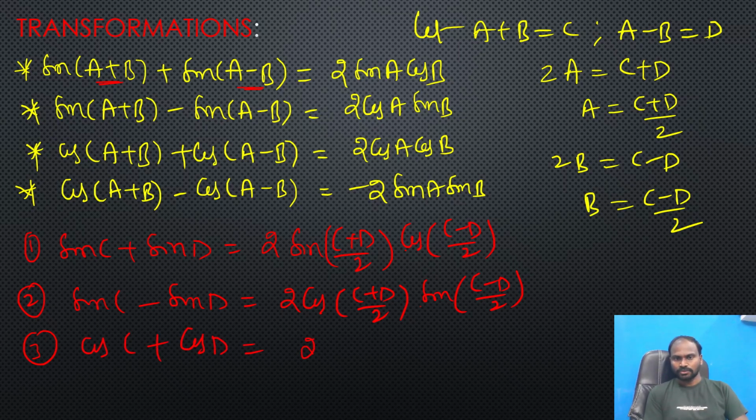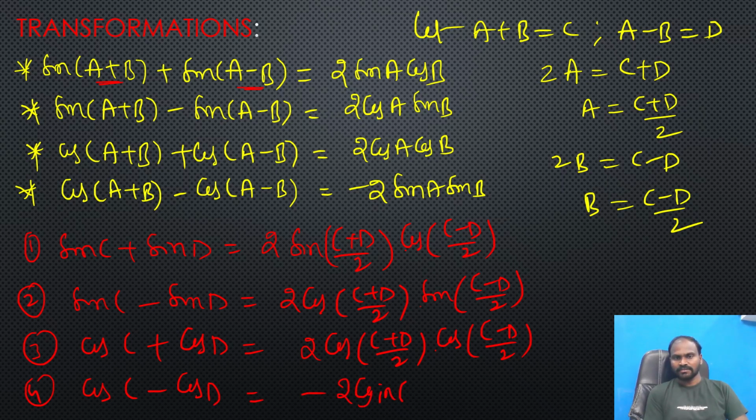What? 2 cos of c plus d by 2 into cos of c minus d by 2. Next, for cos c minus cos d, my bad, cos c minus cos d. What will you get? Minus 2 sin of c plus d by 2 and sin of c minus d by 2.